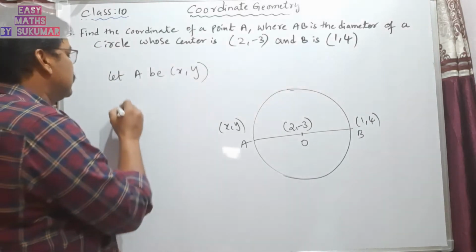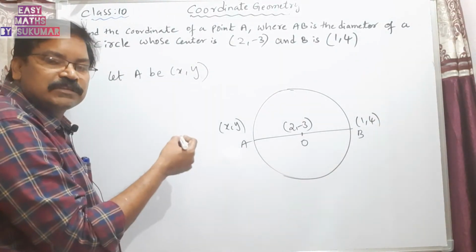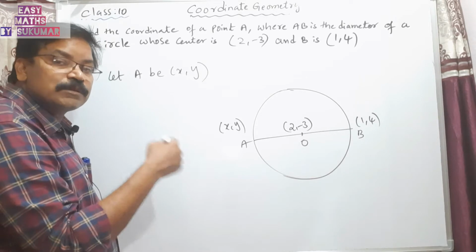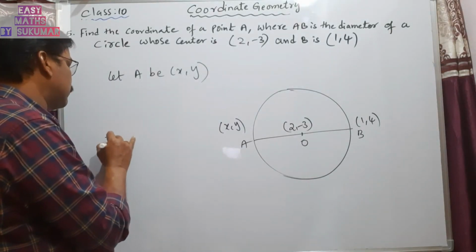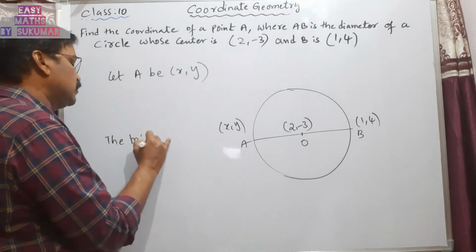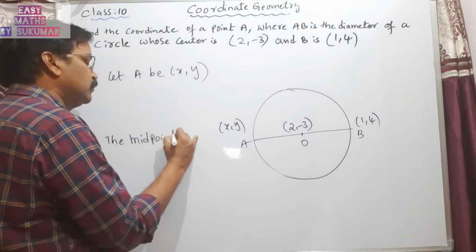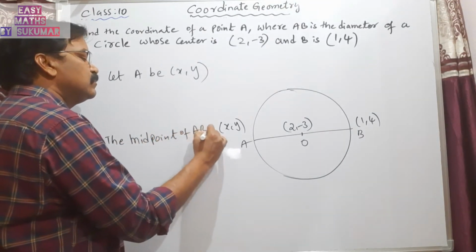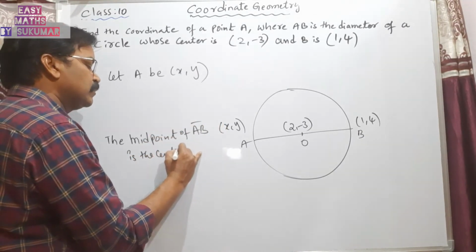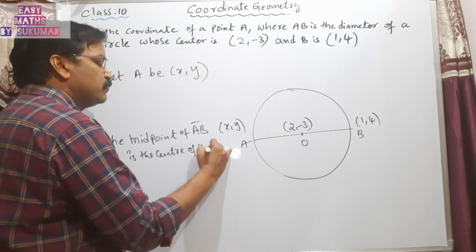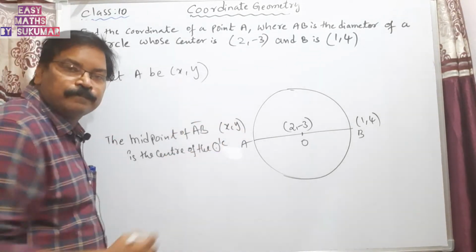That means O is the midpoint of the diameter AB, right? So here the midpoint of AB is the center of this circle.